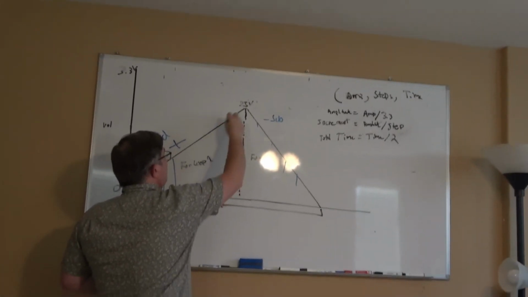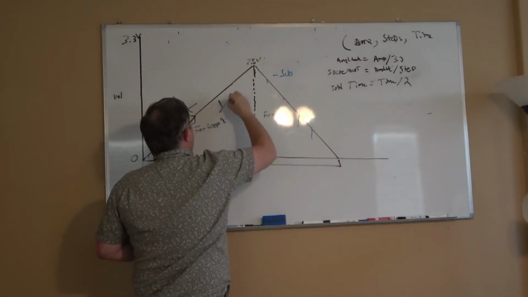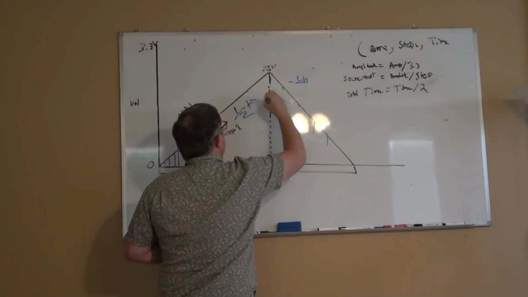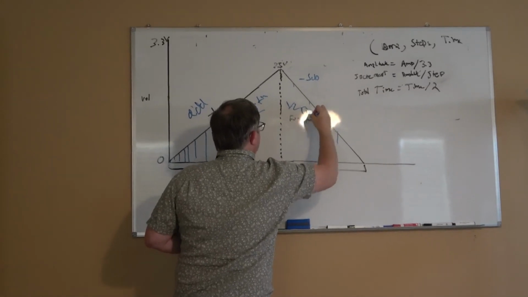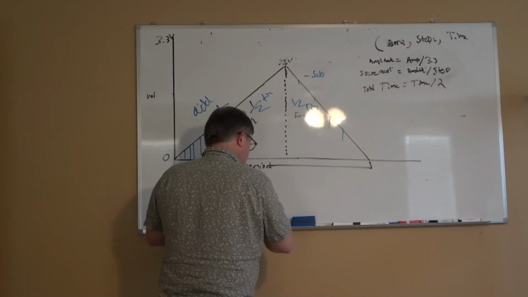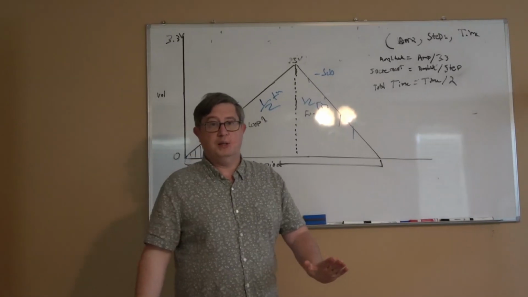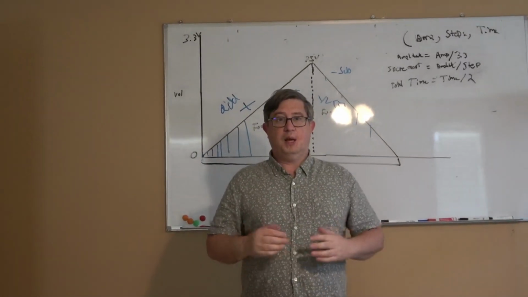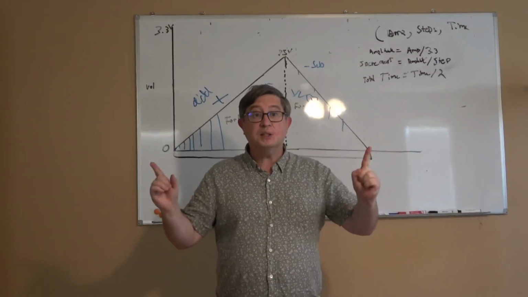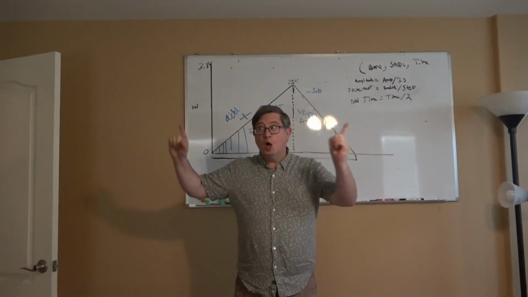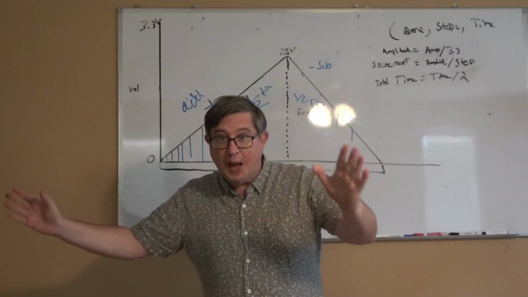So half of the time is going to go here, half the time here, and then half the time here. Does everyone understand that? Okay, so next we're going to go to the code part after this.